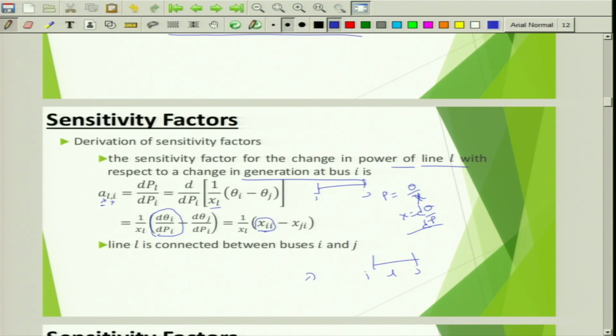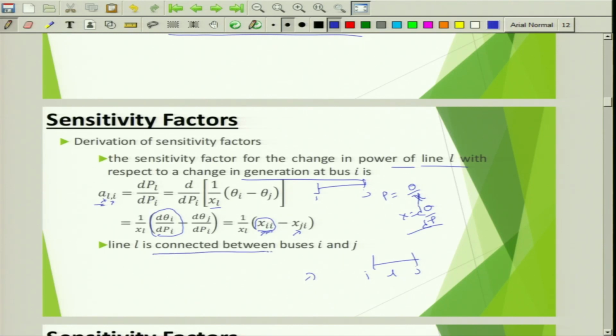That means this is the self reactance, or the equivalent reactance seen at bus I, and this is the reactance seen at bus j, XjI, and the difference between them is the reason there is a change in sensitivity.